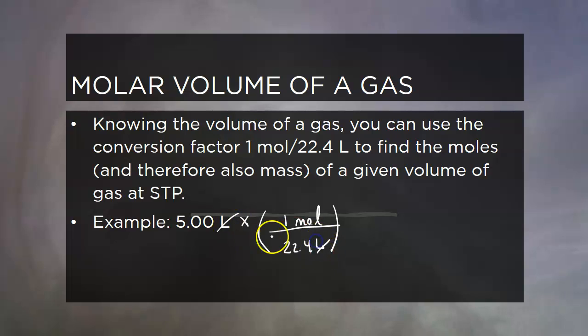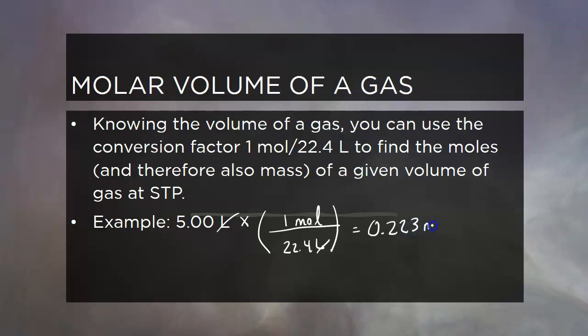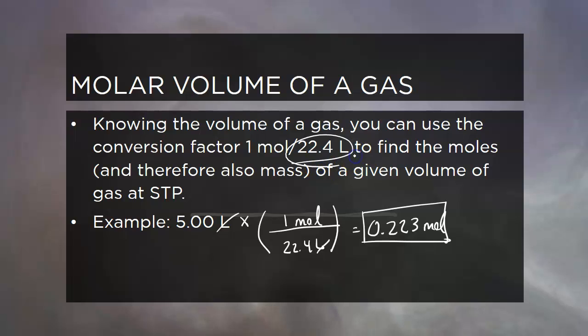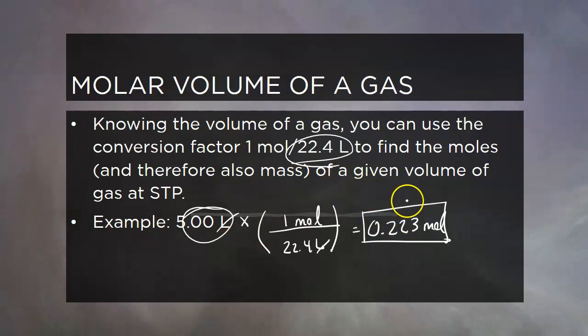So let's take 5 divided by 22.4, and that is 0.223 moles, which should make sense because we know that a full mole is 22.4 liters. I don't have 22.4 liters, so I shouldn't have a full mole. Instead, I have between 1/5 and 1/4 of a mole.